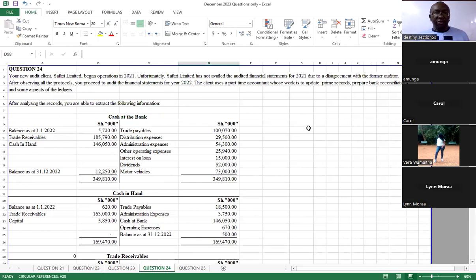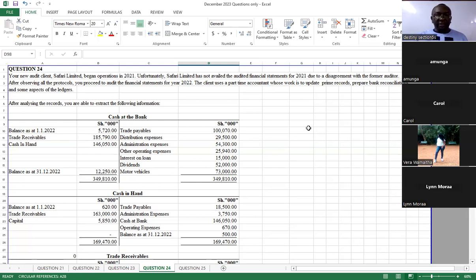After observing all the protocols, you proceed to audit the financial statement for the year 2022. The client uses a part-time accountant whose work is to update prime records, prepare bank reconciliations, and some aspects of the ledgers. After analyzing the records, you are able to extract the following.